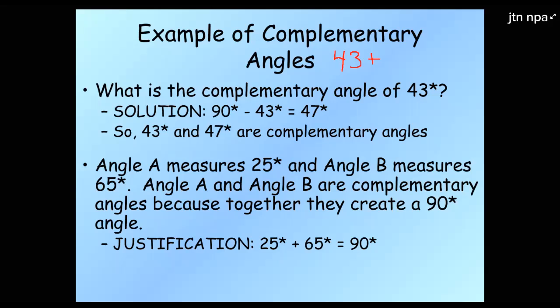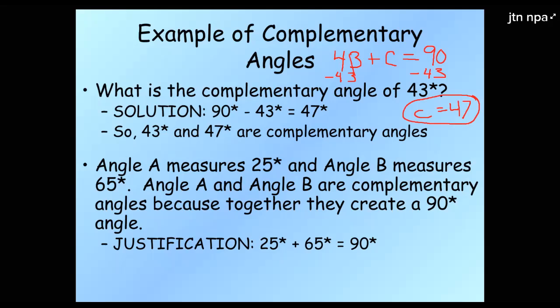So I'm going to use maybe C, doesn't really matter, equals 90, because complementary angles add up to 90. And then you would subtract 43. So you'd get C equals 47.